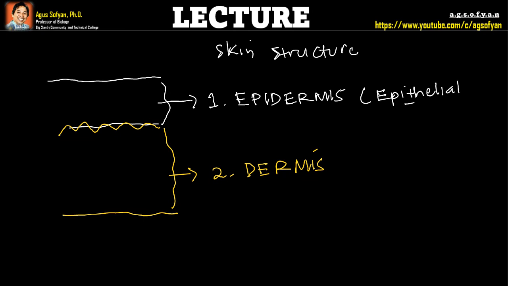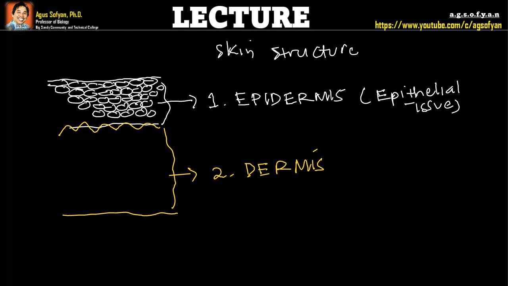Okay, and if you recall, epithelial tissue is the tissue type that consists of cells that bind together closely. So the cells on the epidermis will be bound closely together tightly. So they make many layers.